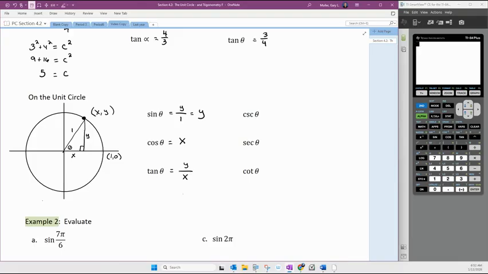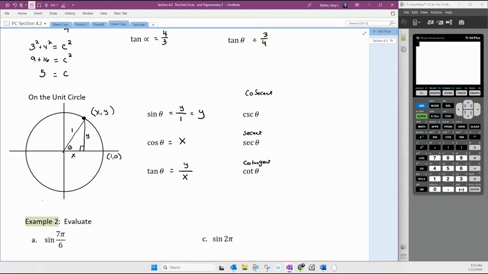All right, it's time to introduce you to the 3 other trig functions, their other trig ratios: cosecant, secant, and cotangent. These are just the reciprocals of sine, cosine, and tangent.